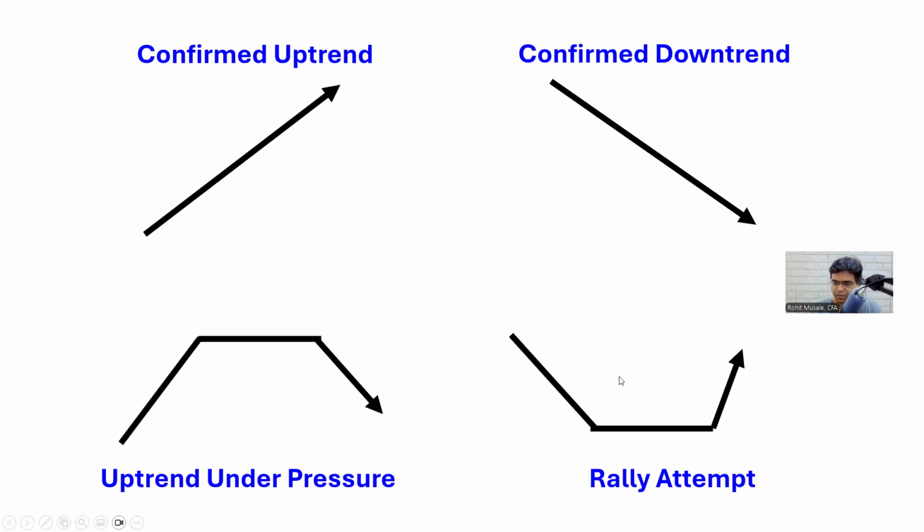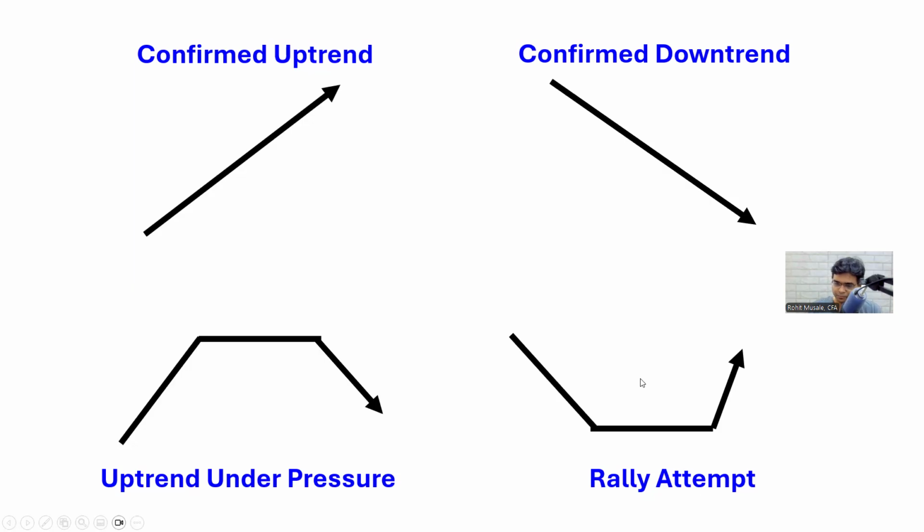Rally attempt could be led by stocks that are fundamentally strong. The market would first prefer to buy stocks that are strong. They have strong balance sheets, good fundamentals. Market will first prefer to buy them. Those are the stocks that will first push the industry and the market up, and then the swing stocks would follow. I am talking on a broad general basis about what is likely to happen in the market.